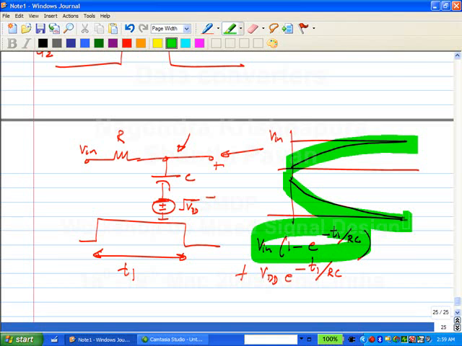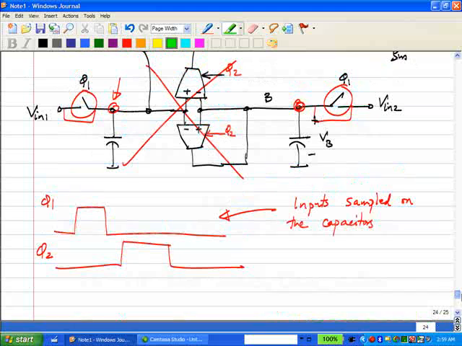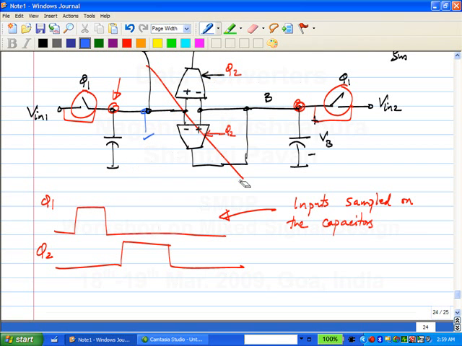Very good. So, one idea is, after phi 2, you have a third phase where, for a short time, you short both the capacitors to ground.